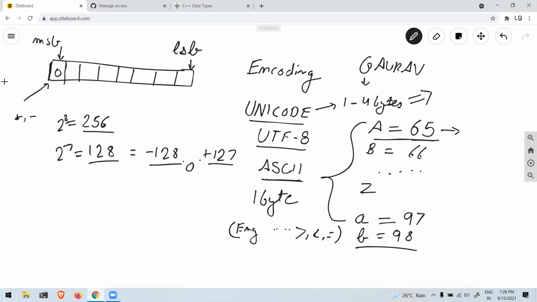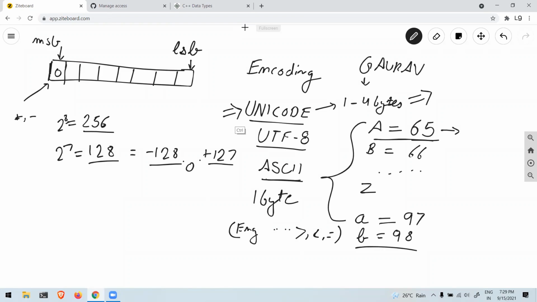And that's why Unicode is what your browsers also use, because they have to render things in different kinds of languages, not just English. So the encoding used in most places nowadays is Unicode encoding. And in Python, remember one thing, everything is Unicode by default.